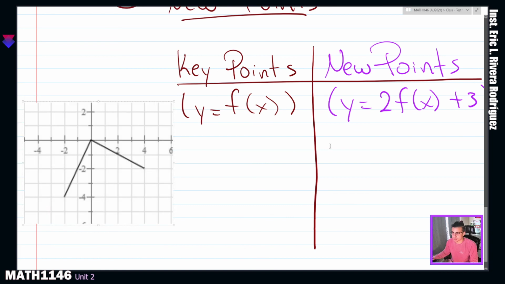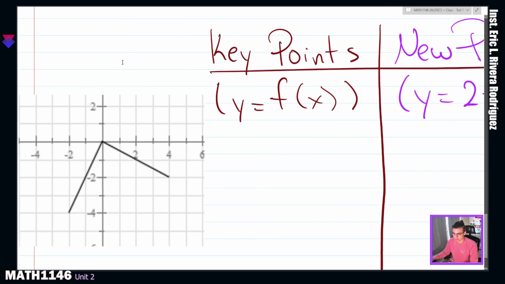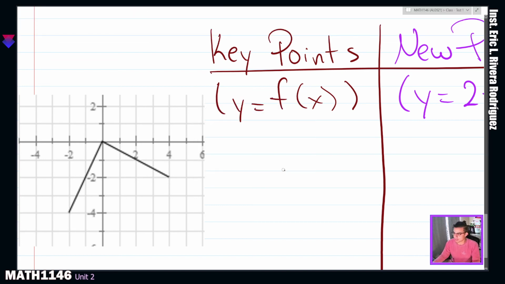Because we don't have an equation for our parent function, we cannot get the key points from the library of functions, the table of the library of functions. So we need to use the graph.